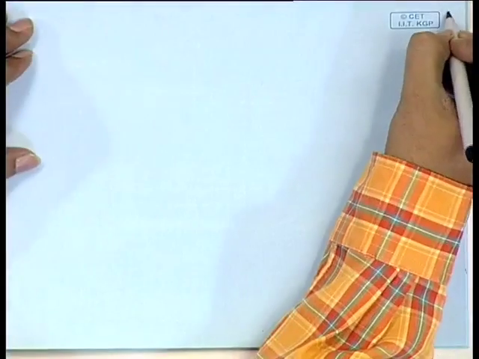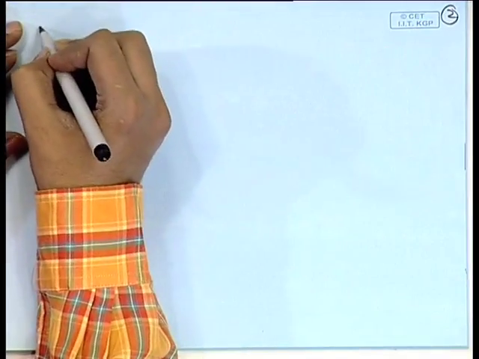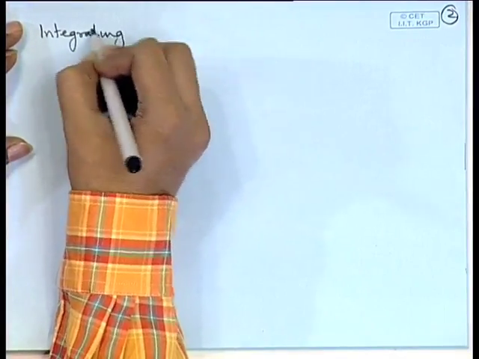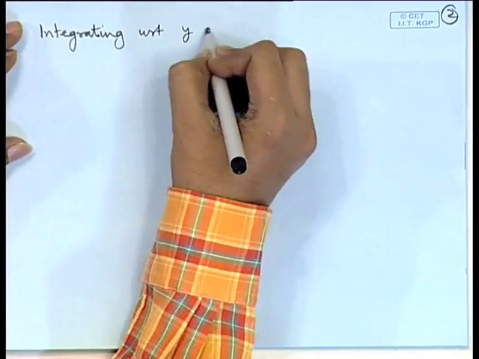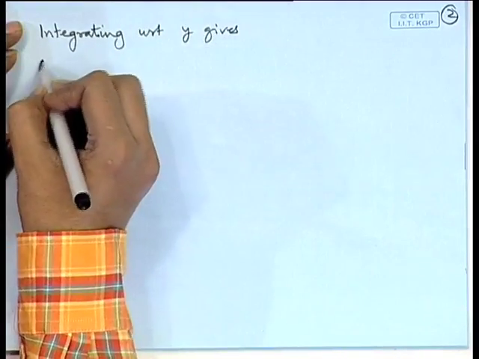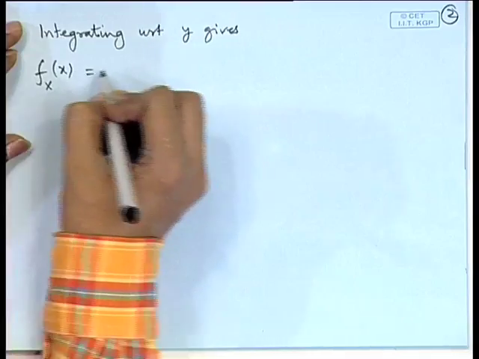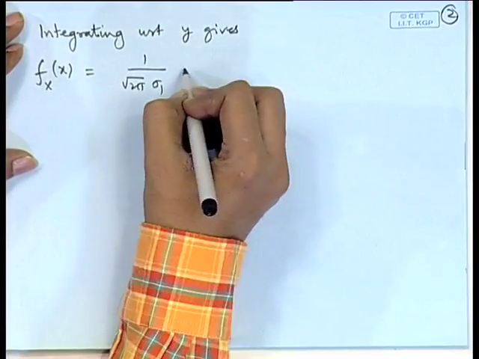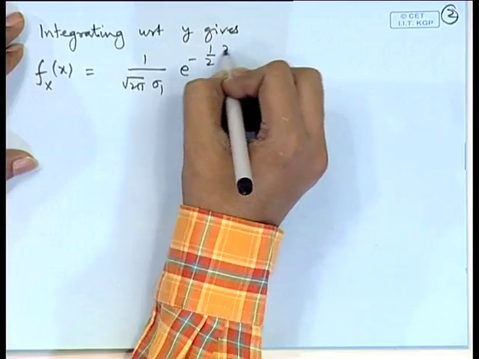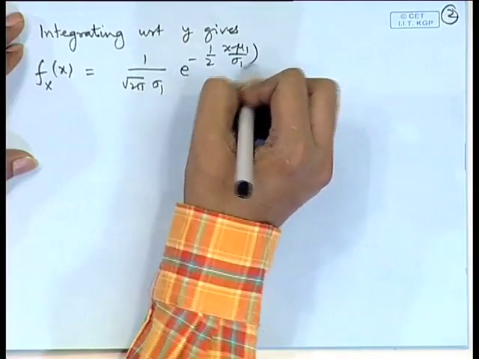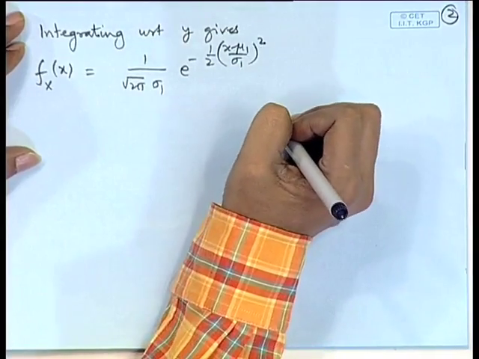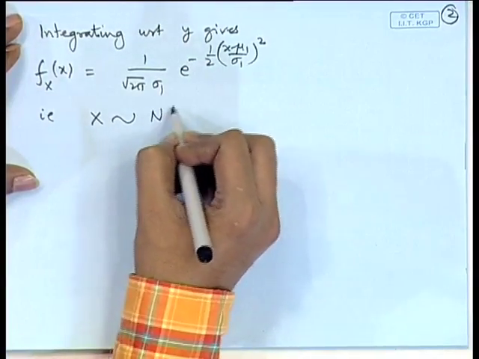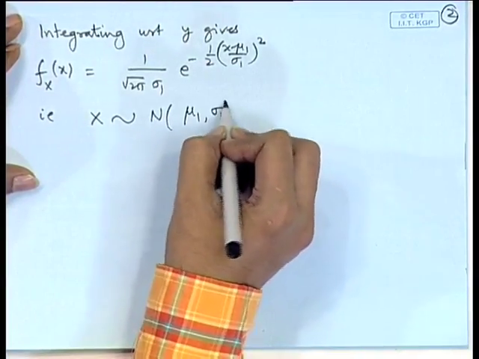So, integration with respect to y gives f X(x) equal to 1 by root 2 pi sigma 1, e to the power minus 1 by 2 [(x minus mu 1) by sigma 1] square. That is, the marginal distribution of x is normal (mu 1, sigma 1 square).